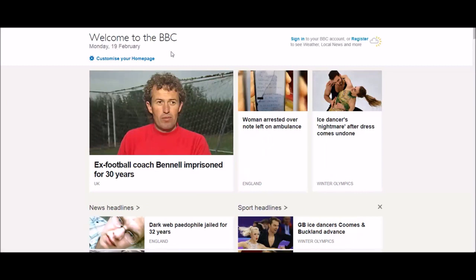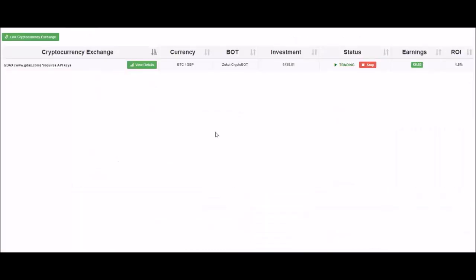So there you go. Literally 24 hours later, I've done nothing other than click the start trading button, and I've already made, like I say, 1.5%, or £6.63.